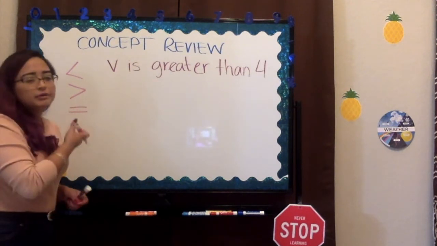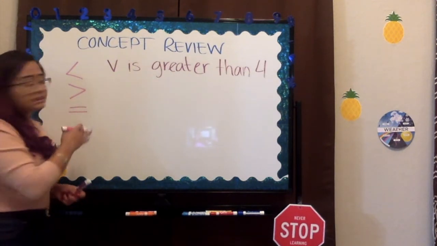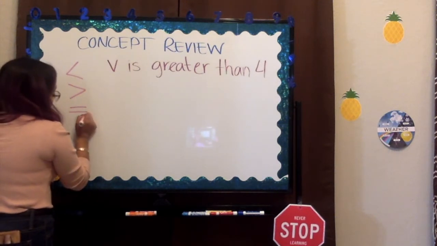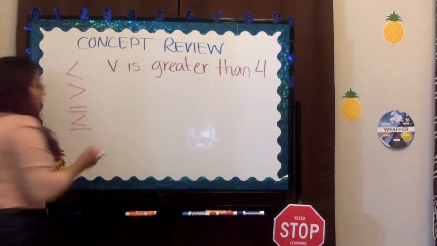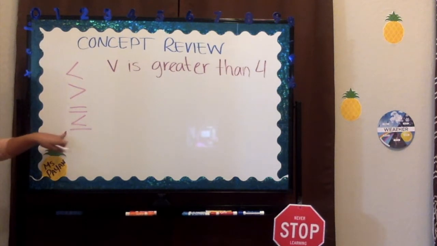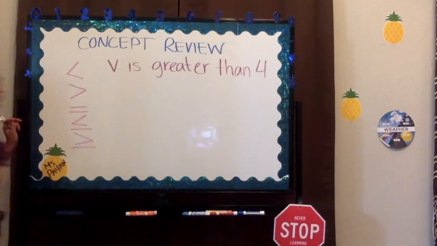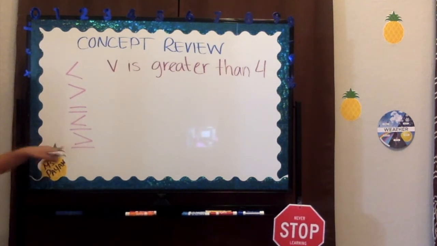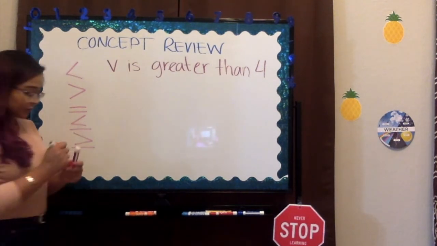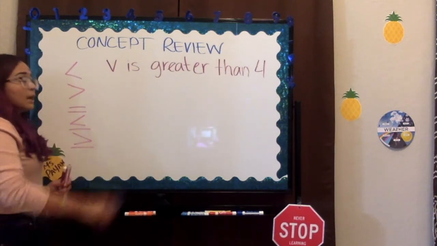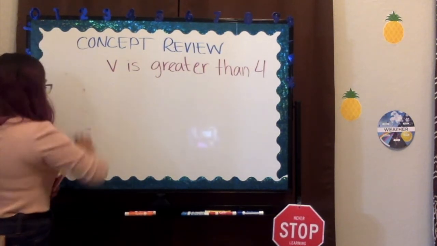That's more of an equation sign, not an inequality sign. But we do have our less than or equal to, which is our less than sign with the line on the bottom, and greater than or equal to, which is a greater than symbol with a line on the bottom. Okay? Those are our inequality symbols.